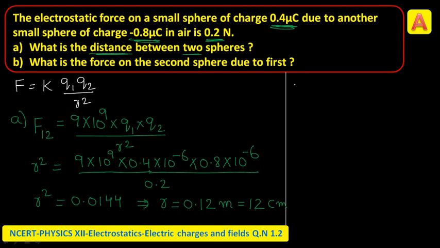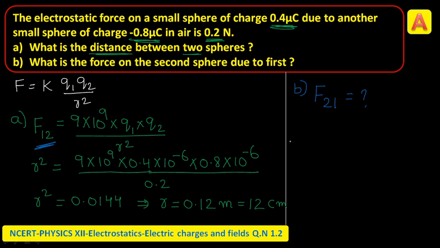Okay. Now in the second question it was asked to find the force on the second sphere due to the first, that is F21. What we found in the first question was F12.